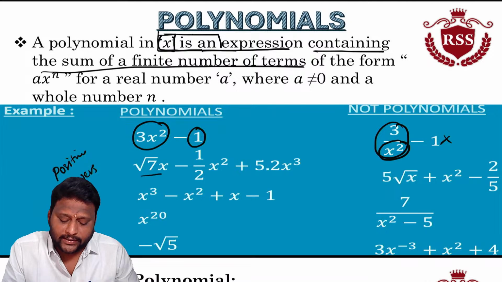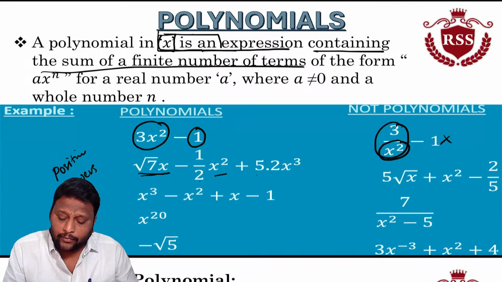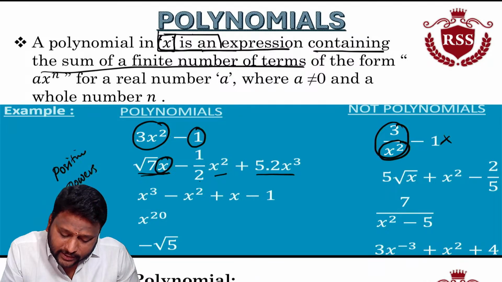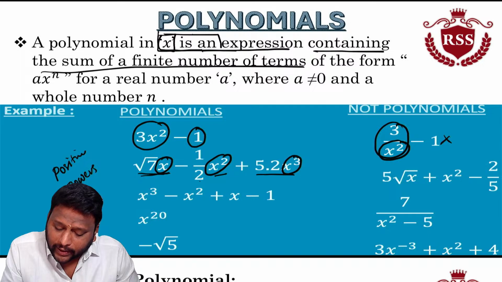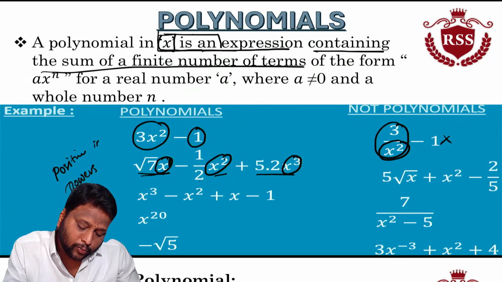Root 7x, 1 by 2 x square, 5.2 x cube. If you see here, it is x square, x cube. It has positive integer powers 1, 2, 3.